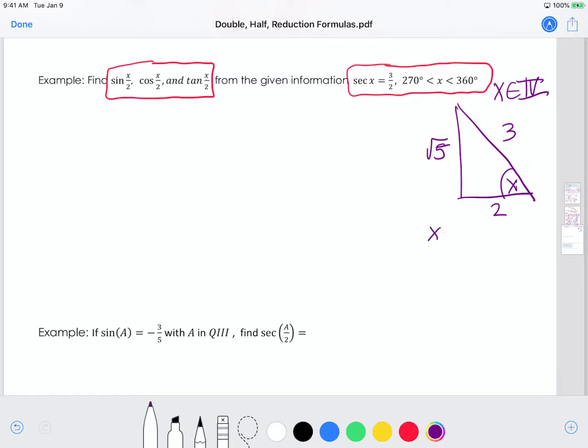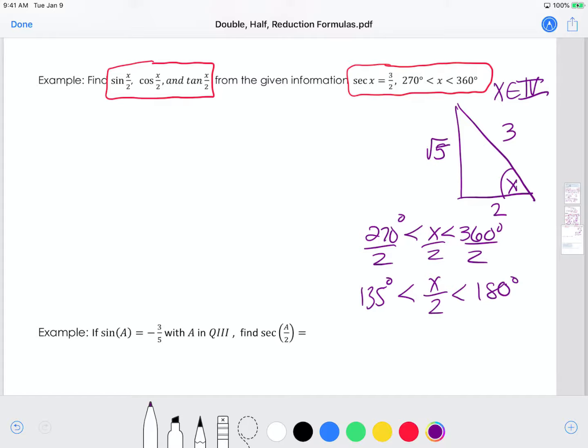Well, if x is between 270 and 360, and I divide everything by 2, I'm going to get that the angle x over 2 is between 135 degrees and 180 degrees, which means x over 2 is in quadrant 2. And that's going to be important when we try to find our sine and cosine so that we can figure out if we're going to use the positive square root or the negative square root.